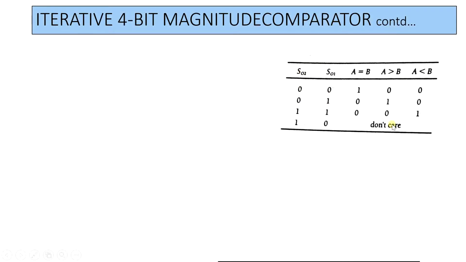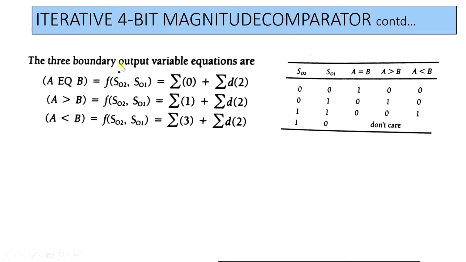Again I am considering the encoded data, and the 3 boundary output variables will be defined based on this particular encoded data, wherein I am going to represent in terms of decimals. So this is SO2 and SO1. I need to write the boundary output variables as a function of SO2 and SO1.